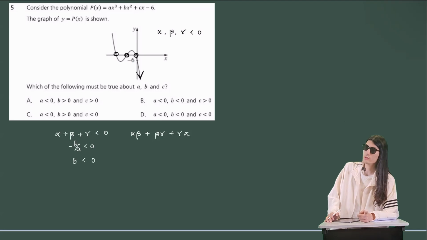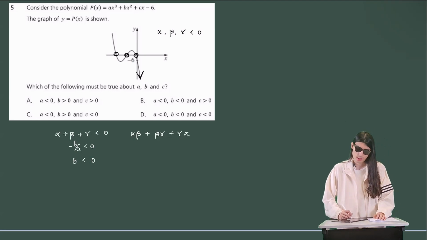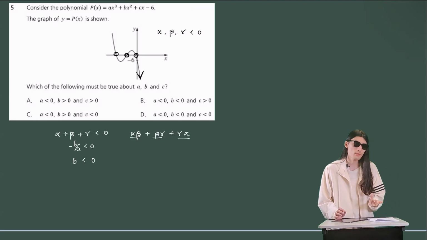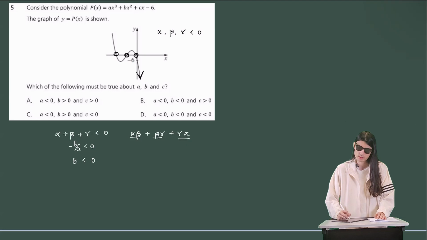But again, since we know that alpha, beta, gamma are all negative, if you take two of them at a time and you multiply them, a negative number multiplied by a negative number would give a positive number. So in other words, alpha beta, beta gamma, gamma alpha are all positive numbers, such that the sum of them is also, of course, positive.